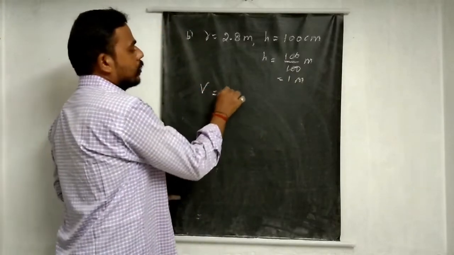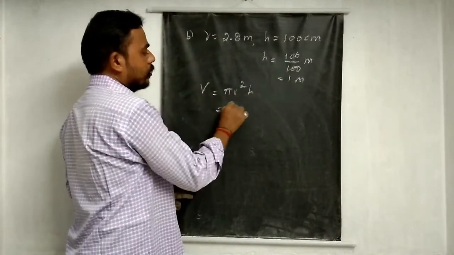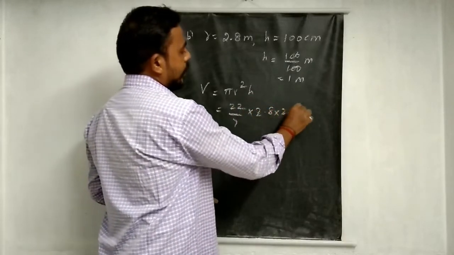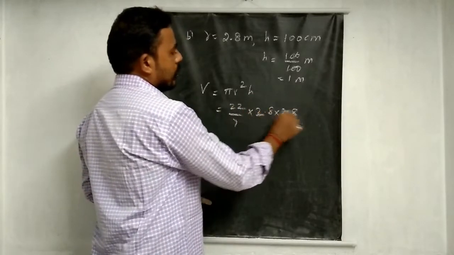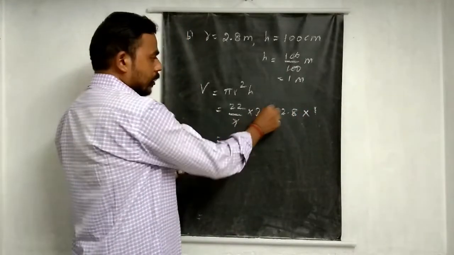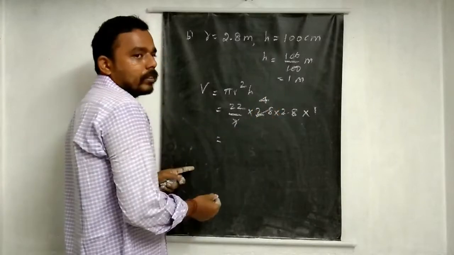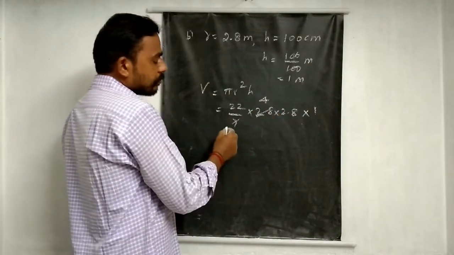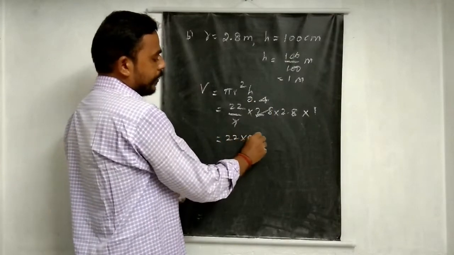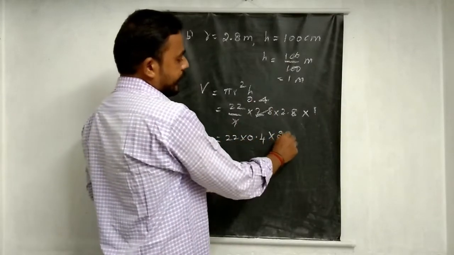So volume equals pi r squared, same value. So 22 divided by 7 into 2.8 into 2.8 into 1. Multiply 4 7s are 28, so 0.4. So 22 into 0.4 into 2.8.